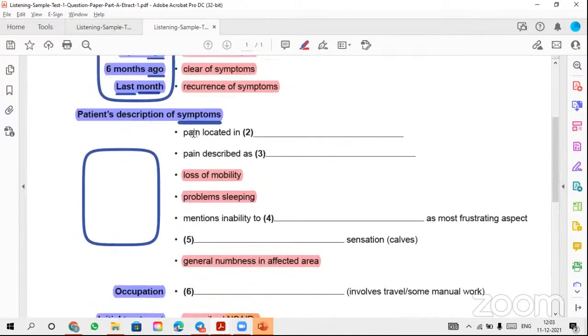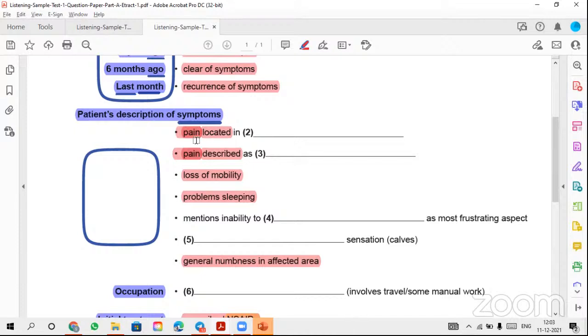Now, pain is very important. Pain location. Pain description. Pain is already there, no need to write again here. So now we know that this is related to pain.